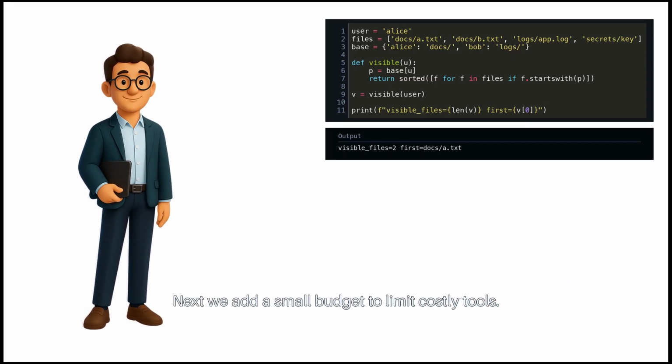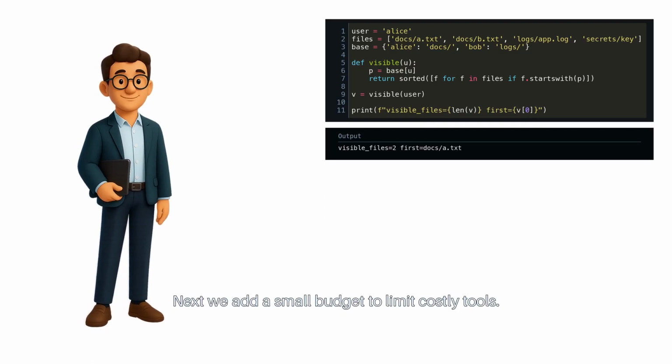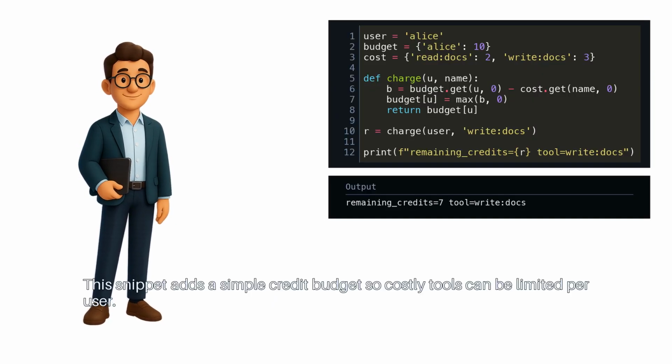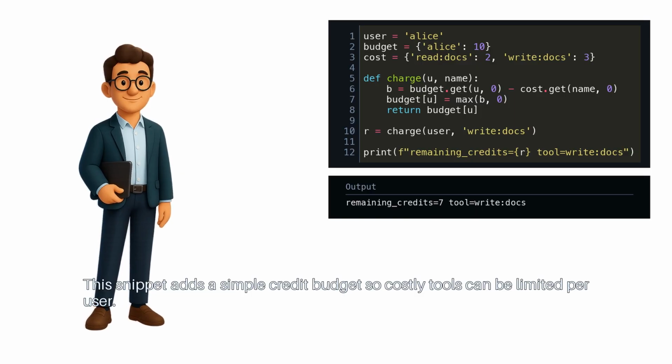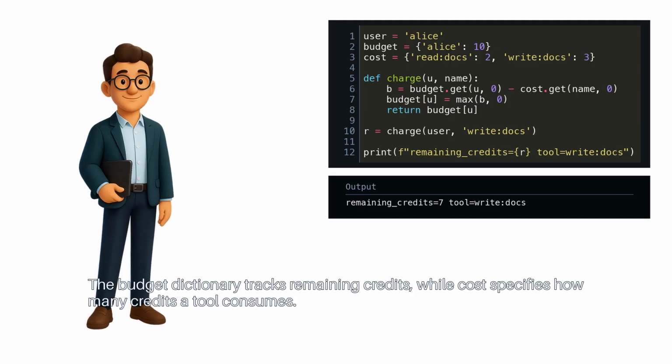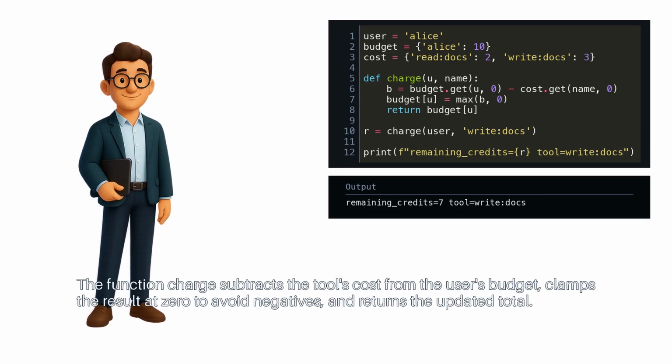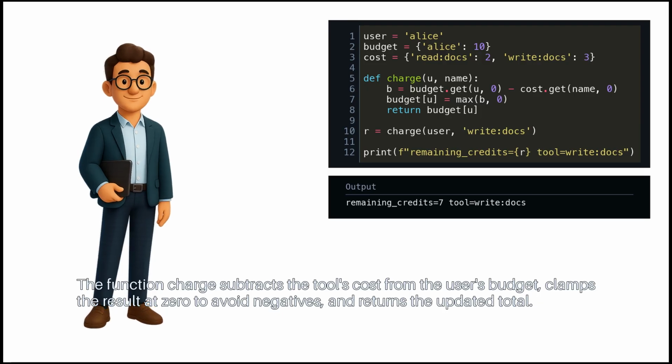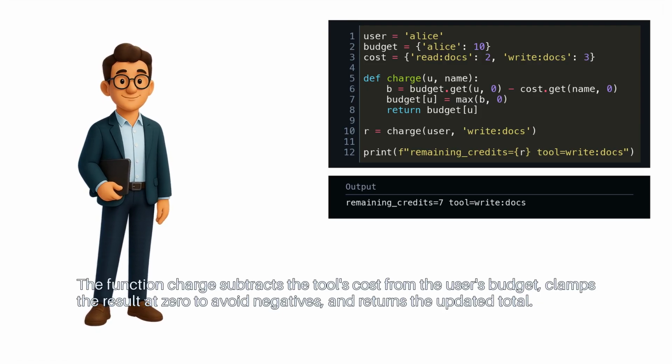Next, we add a small budget to limit costly tools. This snippet adds a simple credit budget so costly tools can be limited per user. The budget dictionary tracks remaining credits, while cost specifies how many credits a tool consumes. The function charge subtracts the tool's cost from the user's budget, clamps the result at 0 to avoid negatives, and returns the updated total.